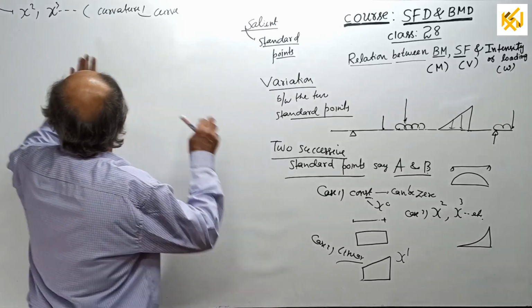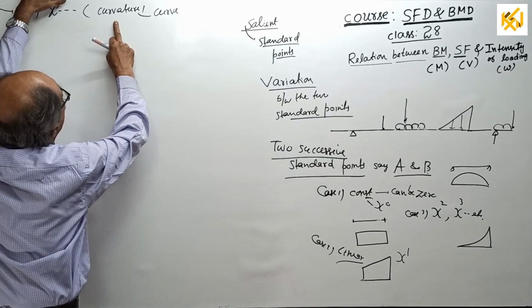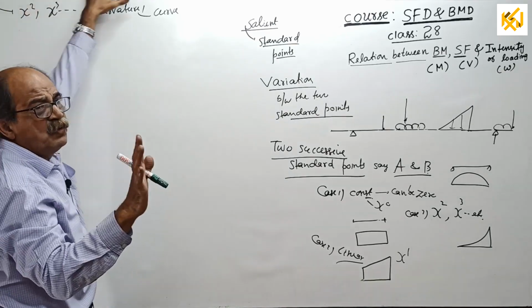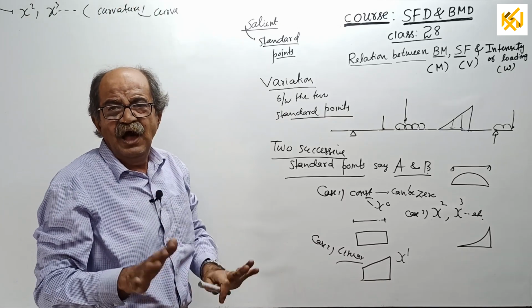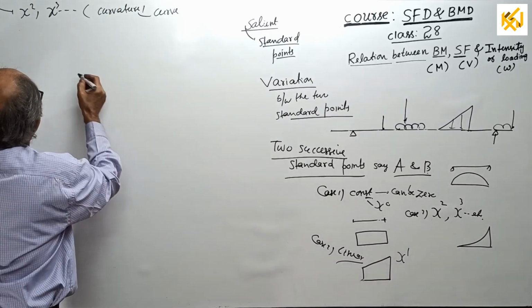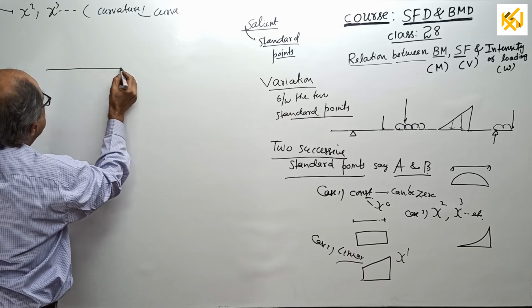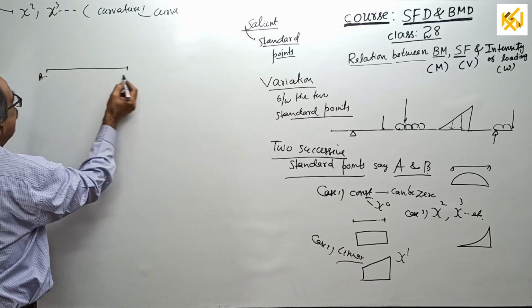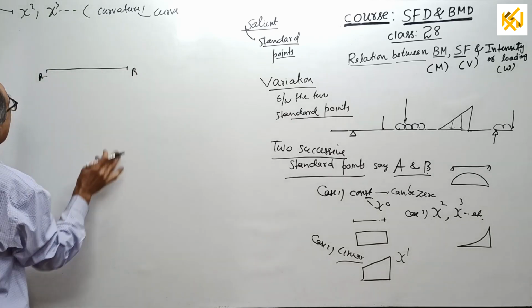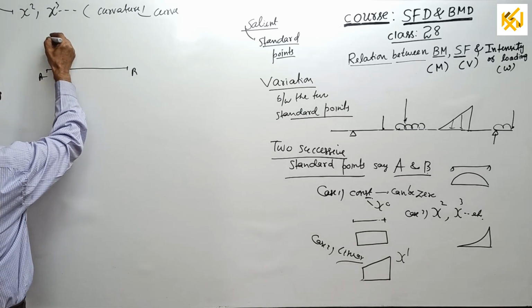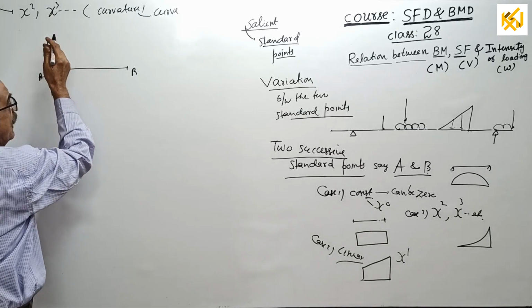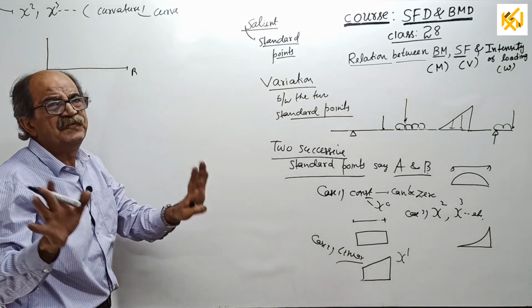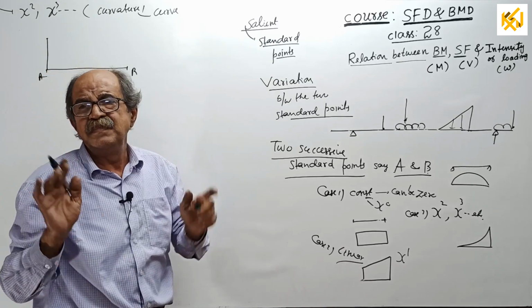Now, for x square or x cube, curvature will be there. I will briefly tell what happens. Suppose I take two standard points A and B, and I write all the possibilities here. You know the value here, something like this. Whether it is SFD or BMD, don't bother now; it is one of them.